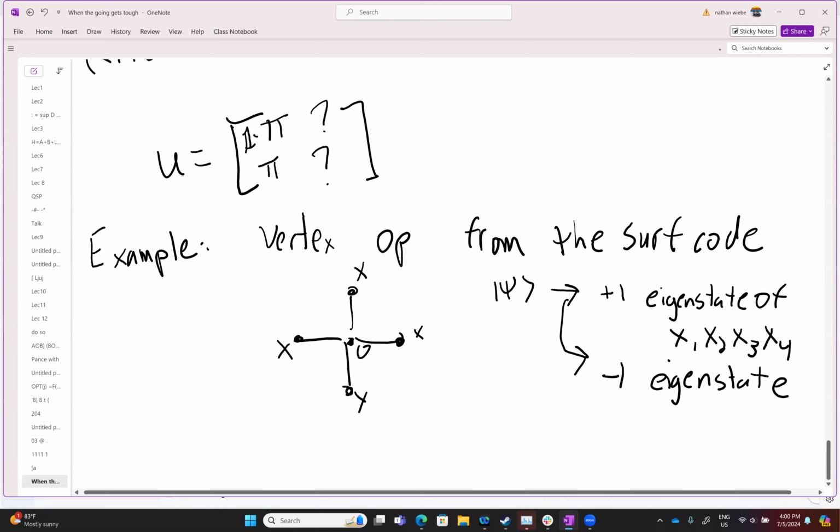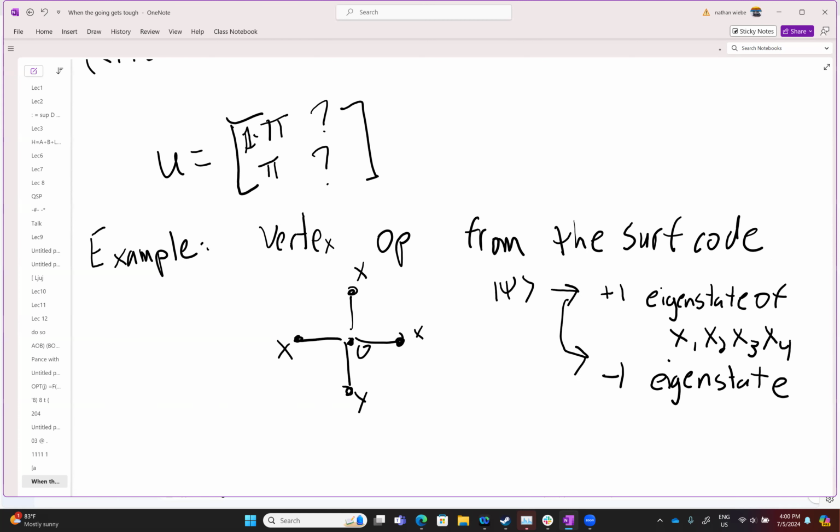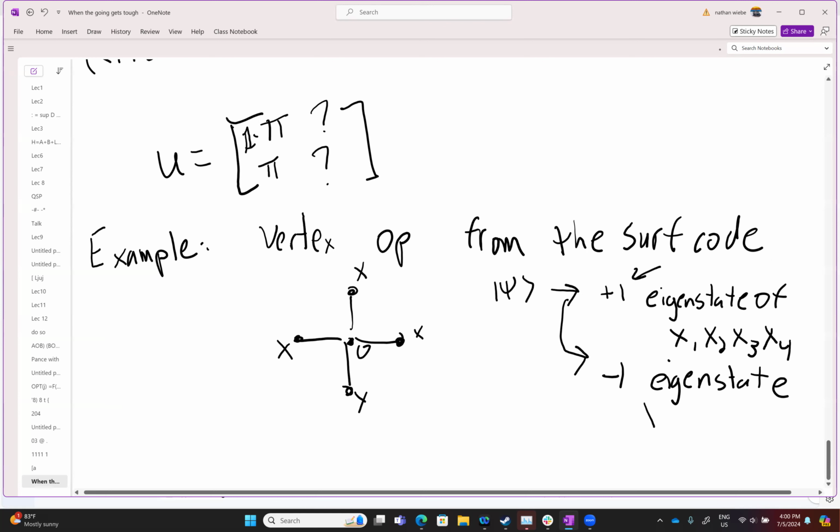Okay, so instead of thinking about this passively, like we're measuring it and we're trying to figure out whether it's a +1 eigenstate or a -1 eigenstate, we can use now the language of LCU to think about this as an attempt for us to apply a projector onto either the +1 or the -1 eigenstate.